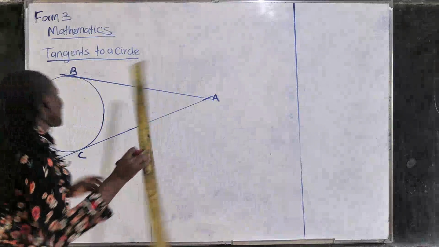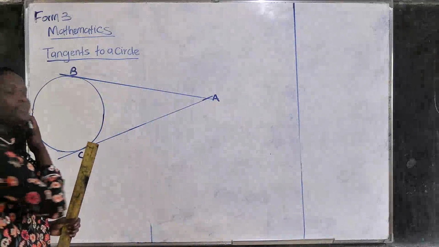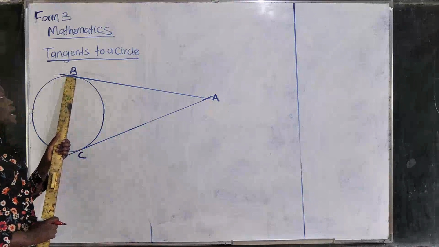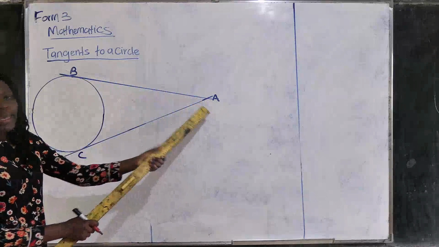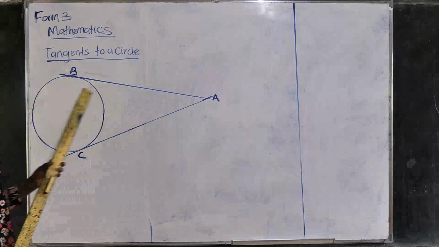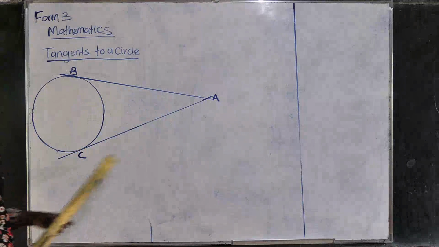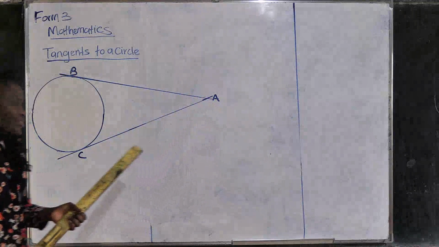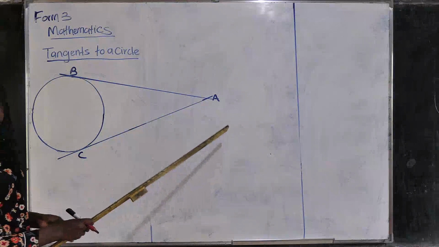Properties of a tangent. For example, the first property is that line BA is equal to line CA. The length of line BA is equal to the length of line CA.